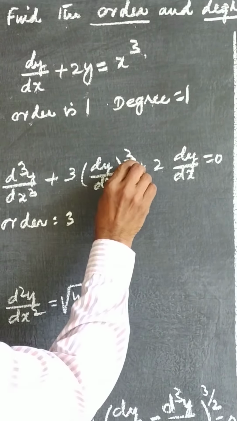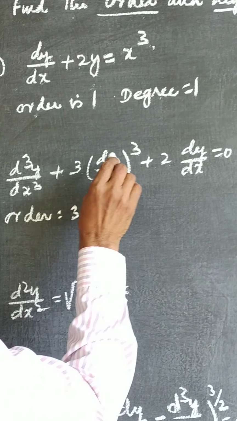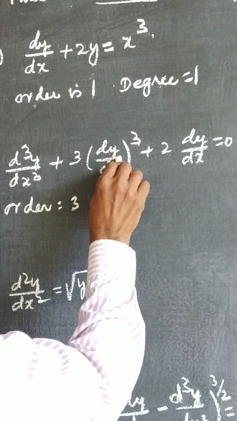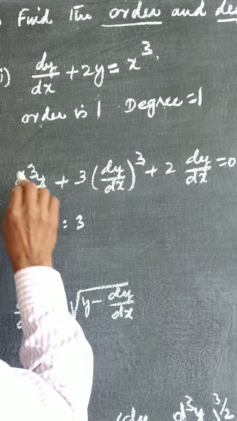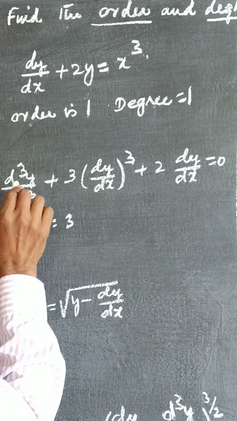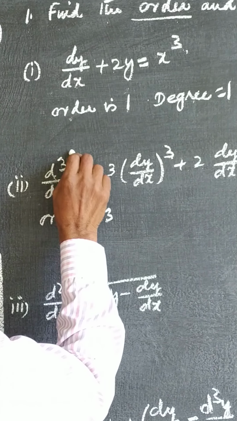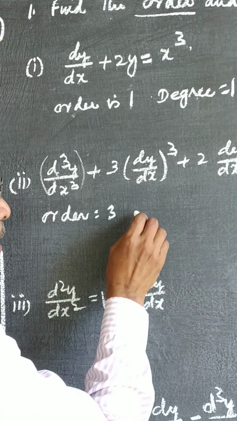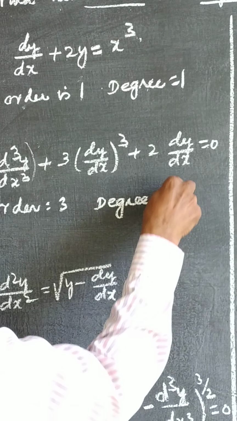Although for dy by dx the order is 1 and the degree is 3, you should not consider this because the highest order is not here. For that highest order only, we should find out the degree. So for this highest order, the degree is naturally 1. Even though it is not given here, the degree is understood as 1.